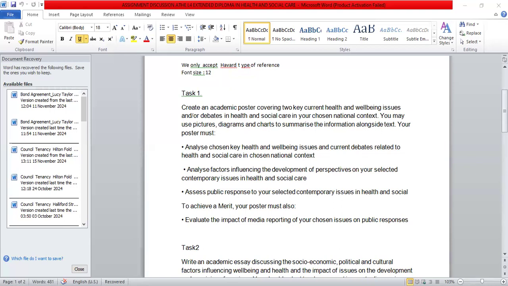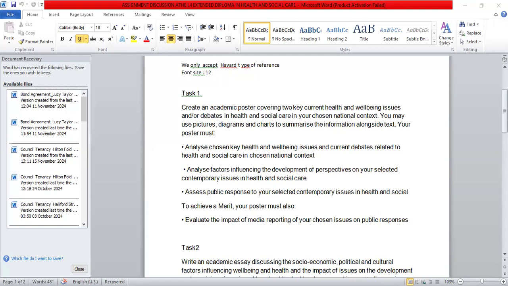Yes, the impact that reporting by the media has on the public responses to the issues that they are exploring. In so doing, they should include the influence of the media, the influence of media hidden agendas, the agendas that they may have, that may be positive or negative, the objectivity of the media, what they seek to achieve, and the use of evidence.